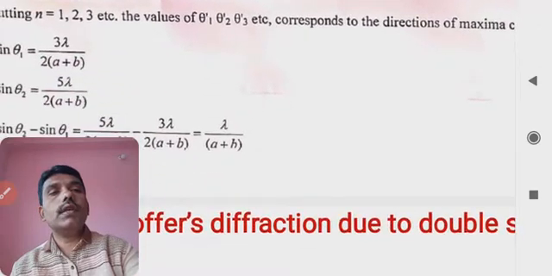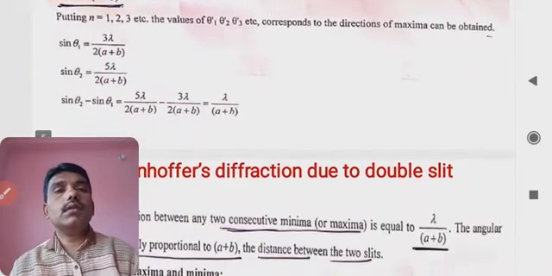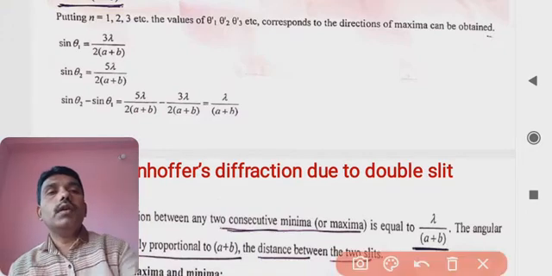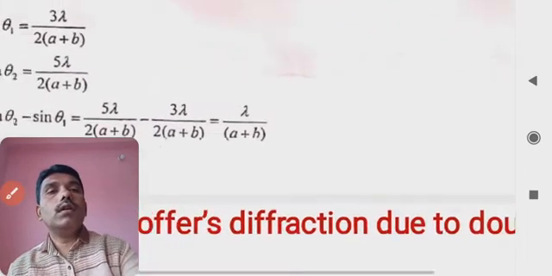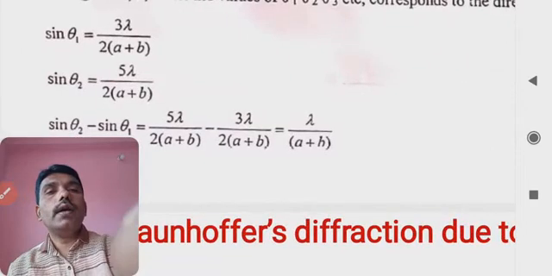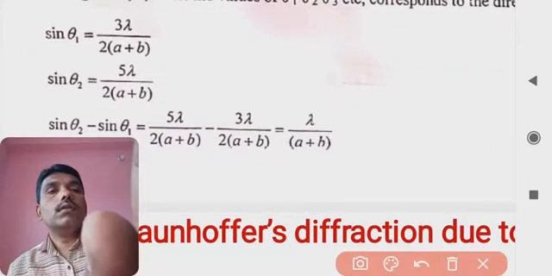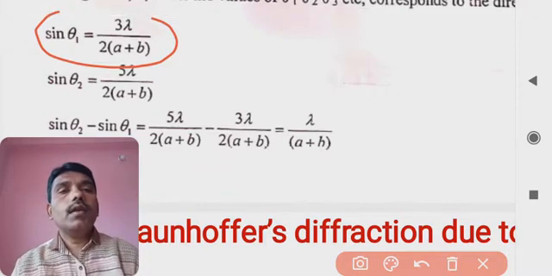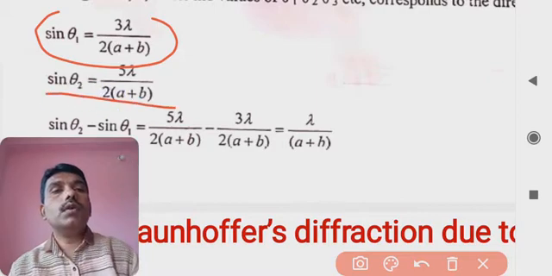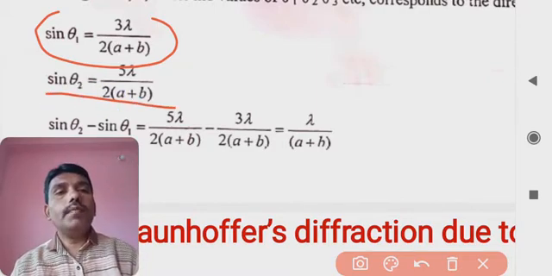If I want to find the difference of this angle for the odd multiples, sin theta 1, if we calculate for odd multiples, is 3 lambda by 2 into a plus b. Again sin theta 2 is equal to 5 lambda upon 2 into a plus b.